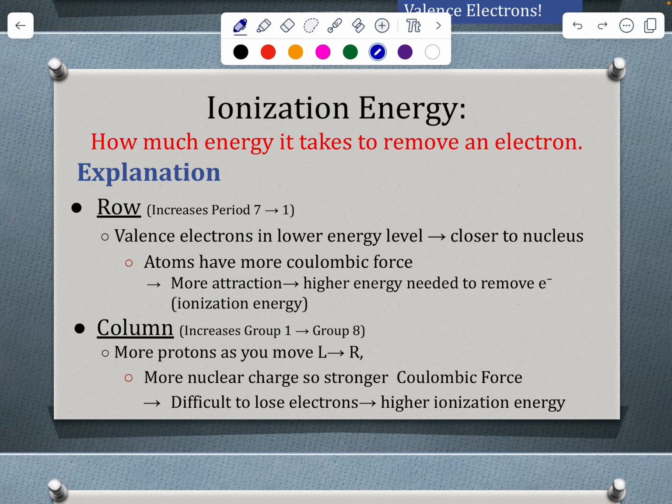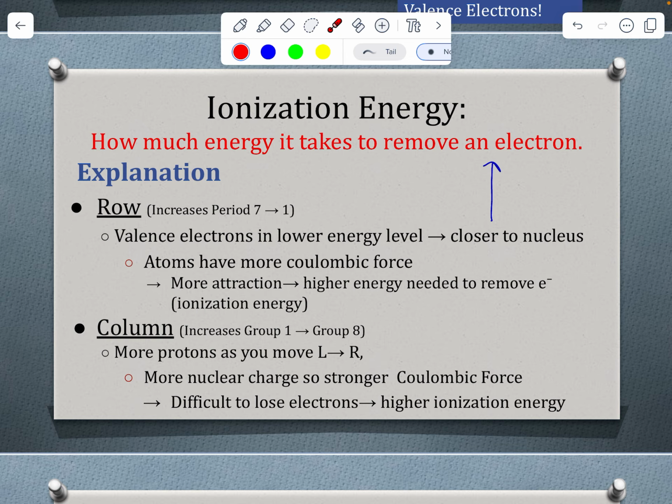Increasing from period 7 to period 1. So increasing up. Our valence electrons are in a lower energy level, so they're closer to the nucleus when they're up here, which means there's more Coulombic force. And so there's more attraction and more energy is needed to remove an electron. And again, energy needed to remove an electron, that's the definition of ionization energy.